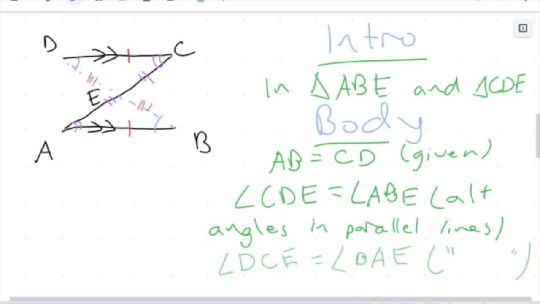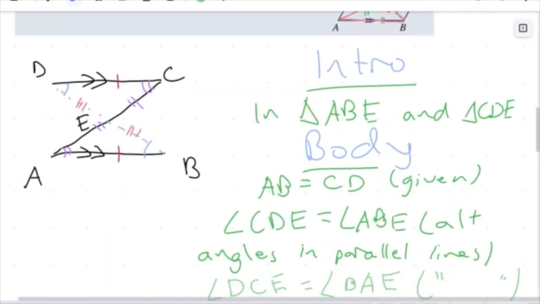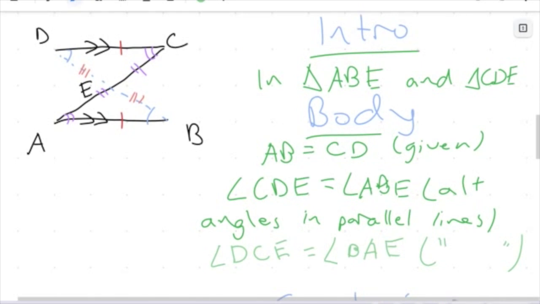So that tells me that my line here must have also bisected this line. Because remember, bisecting means to cut in half. So both of these respective lines have cut the other in half.